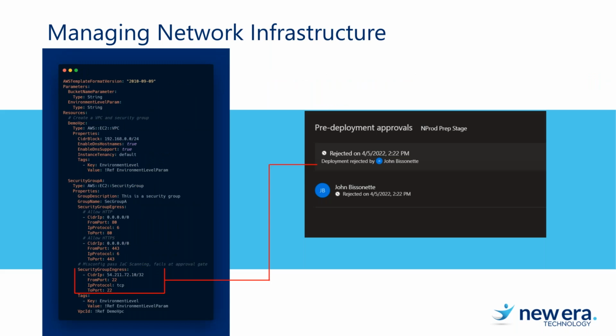When looking at this managing network infrastructure template, this is a great example of something that the IaC scan didn't catch, but a manual review would, and it is a great example of the belt and suspenders approach to security that CI/CD provides.